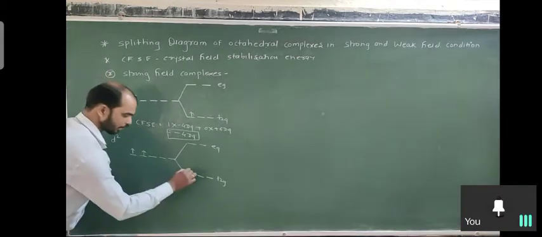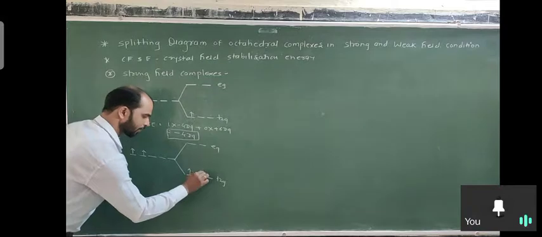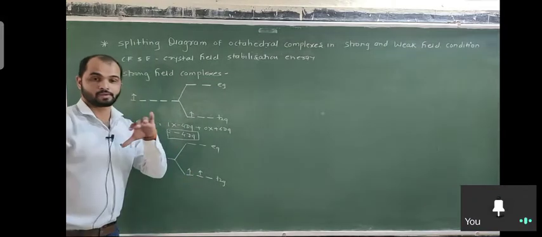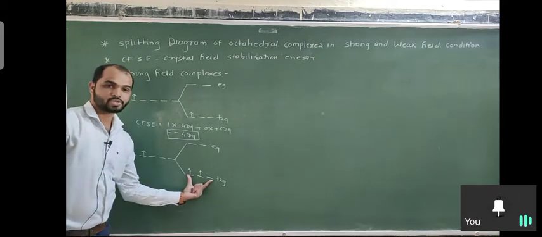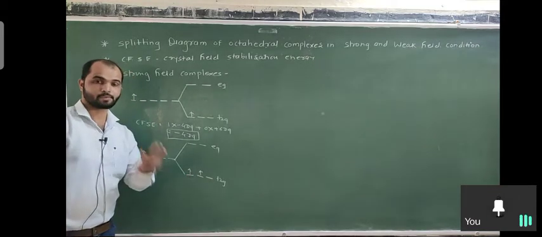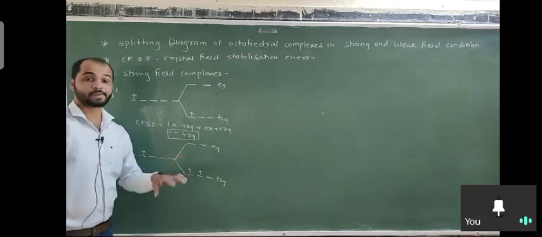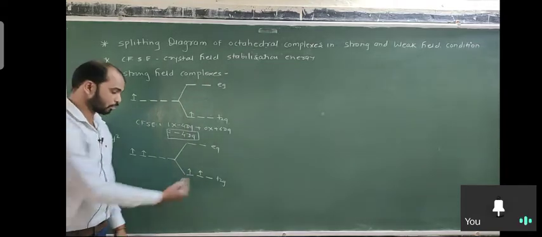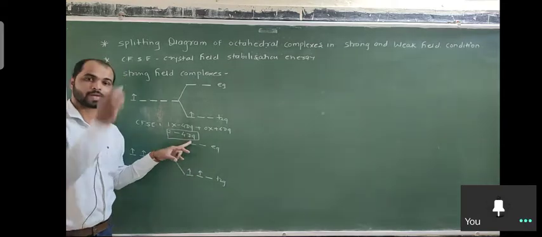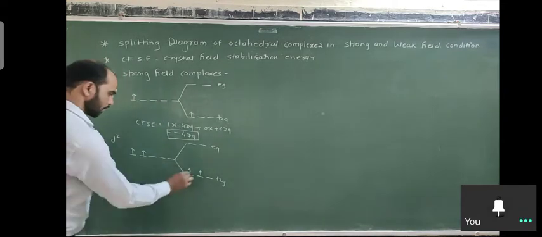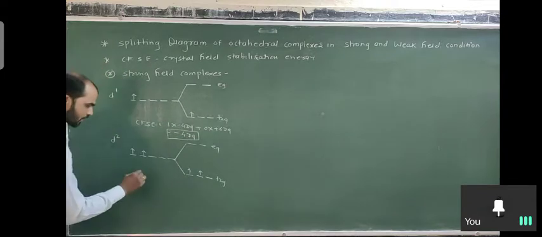The first electron enters here, the second also enters here, because the lower set has 3 orbitals. So basically 3 electrons are required there. Then we decide whether the fourth is going to pair or not, depending on the condition. In strong field condition, the fourth one goes in pairing. In weak field condition, the fourth one goes to the higher state.